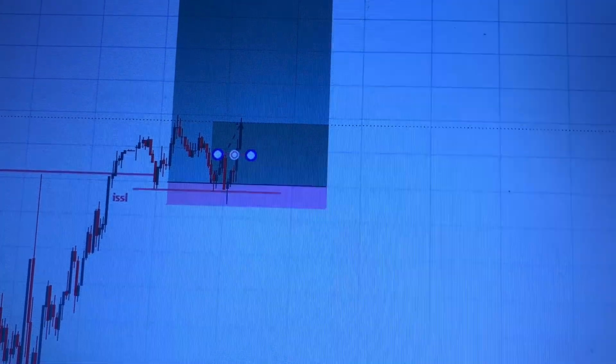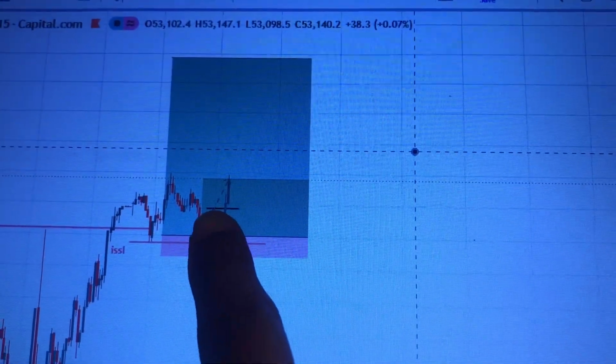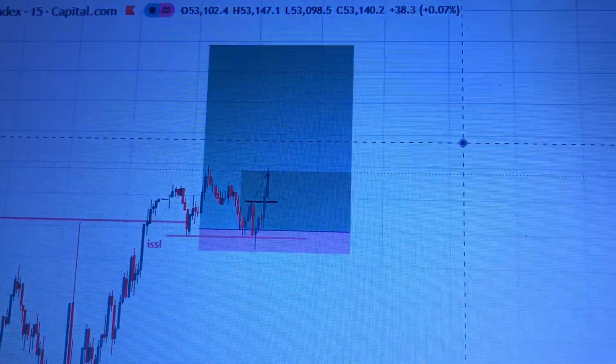Let me just change this to black. Yeah, and this was broken with a big green candlestick, right? What does it tell us?